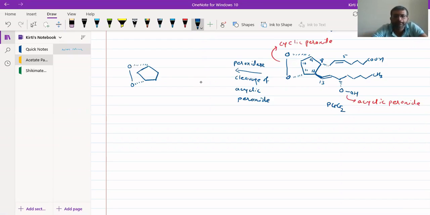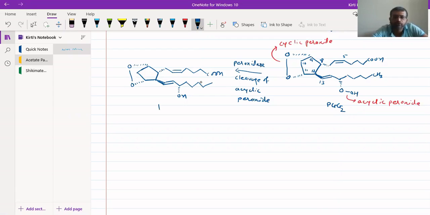a compound containing 7 6 5 4 3 2 1 carbons, and 13 14 15 16 17 18 19 and 20 और यहाँ पर एक OH होगा. अभी पहले यहाँ पर peroxide था, now it becomes an OH.